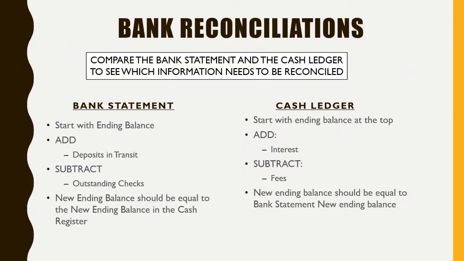So how do we do a bank reconciliation? Like I mentioned, you're going to be comparing your books with what the bank says, and then you're going to compare what the bank says to your books. In this case, we're going to be looking at how to compare each item on here. First things first, how do we understand this?